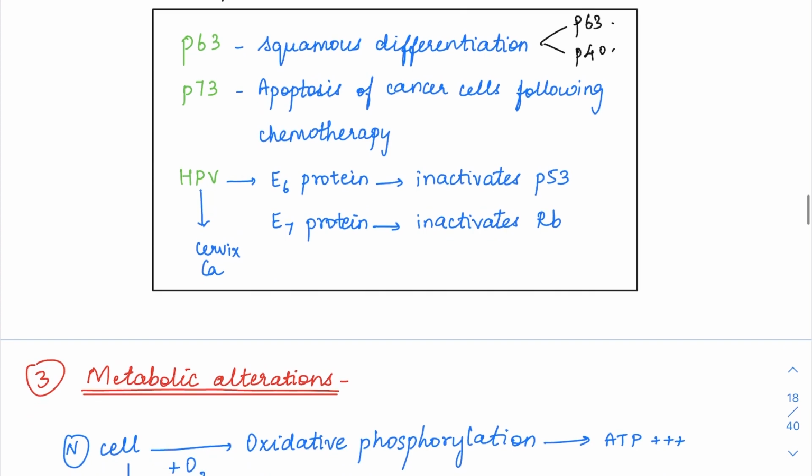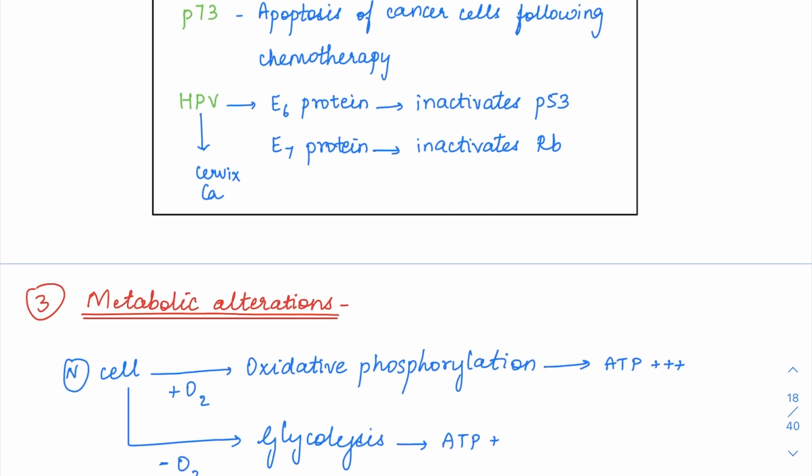When we are discussing this P53 and RB, there is one thing I need to mention. We all know about human papillomavirus, HPV, which is a main causative factor for cervical cancer. More than 90% of cervical cancers are going to be associated with HPV. This HPV has two proteins, the E6 protein and the E7 protein.